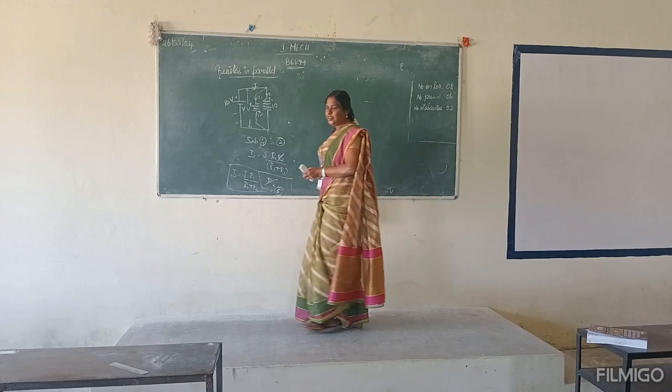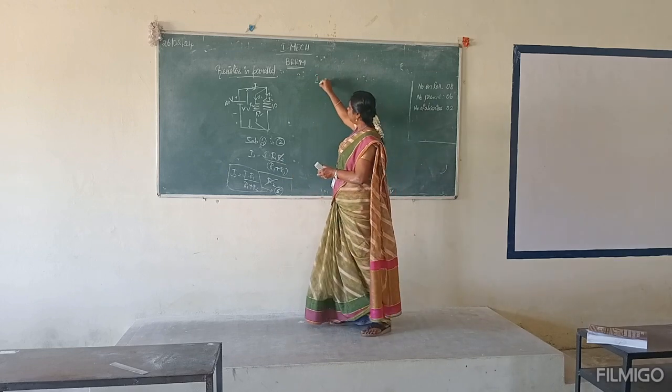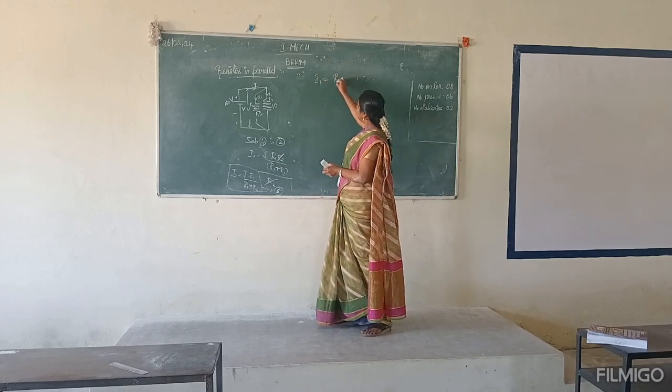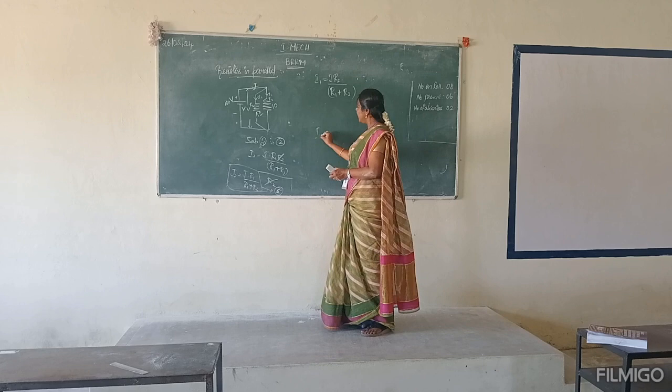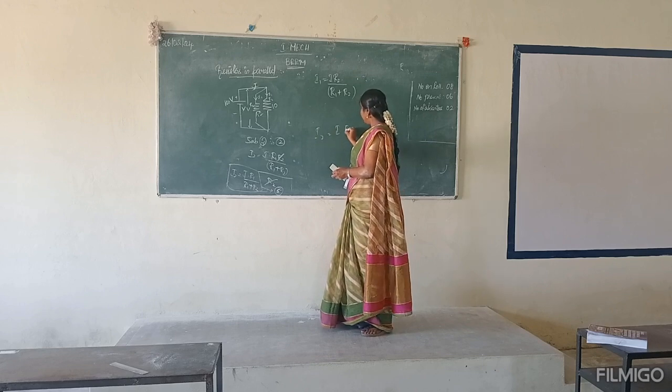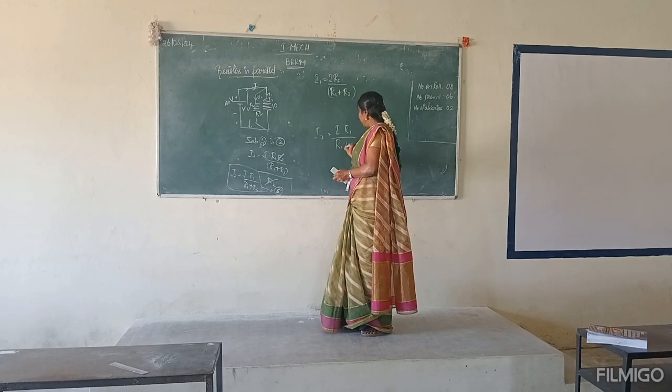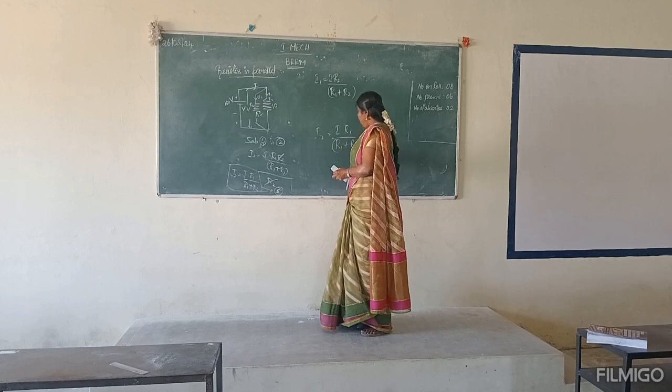In order to find I1, what do you want? The current divider says I1 is total current into R2 divided by R1 plus R2. And I2 is total current into R1 divided by R1 plus R2.